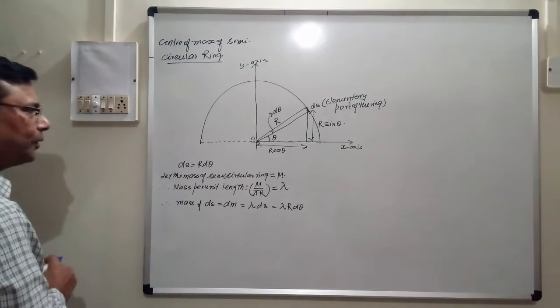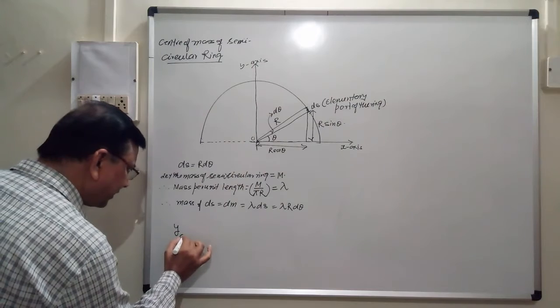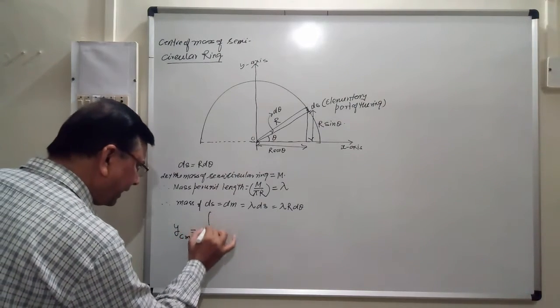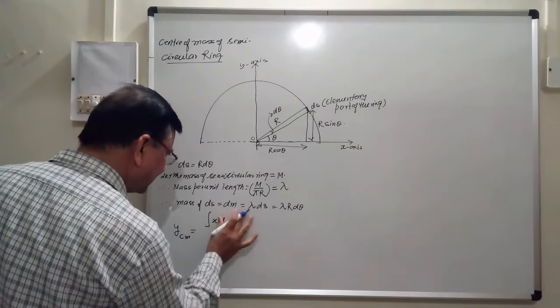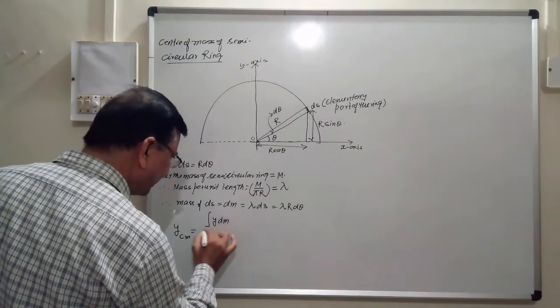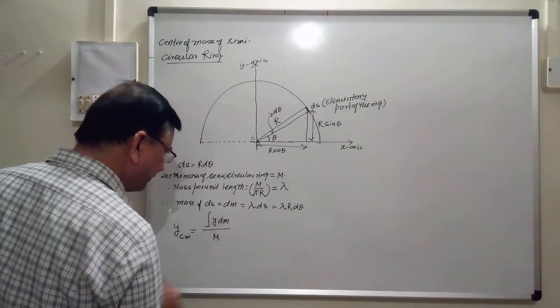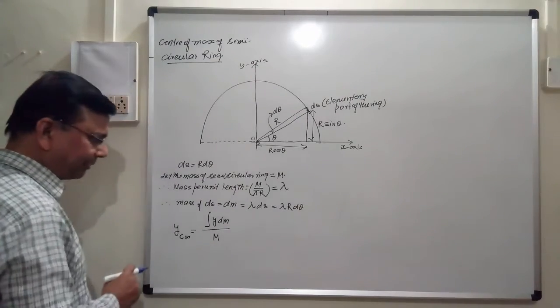So we can find y center of mass, the y coordinate: integration of y dm upon capital M, the total mass. This M I have written over here.